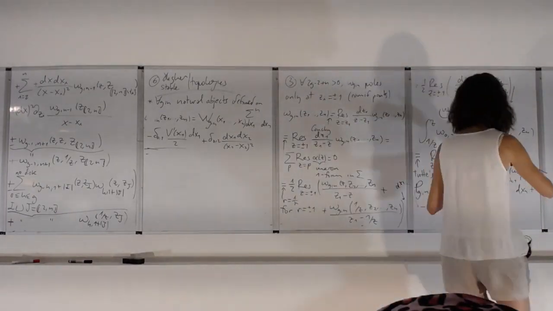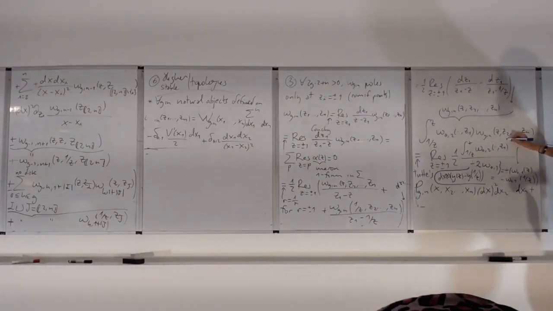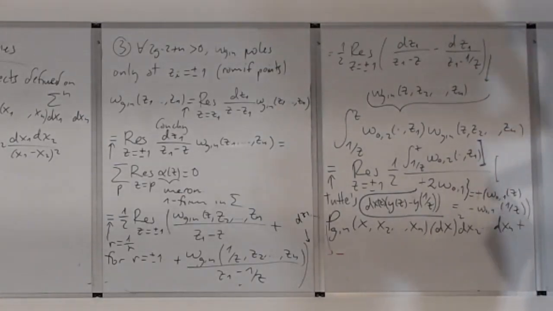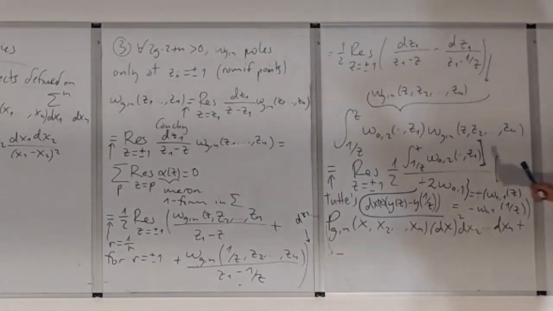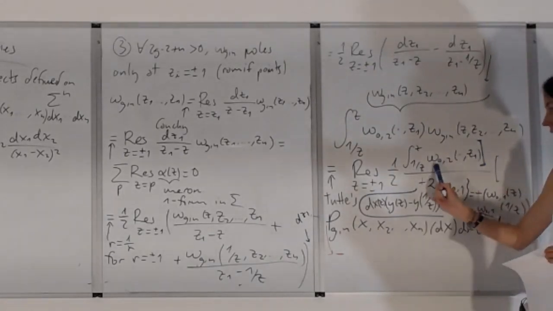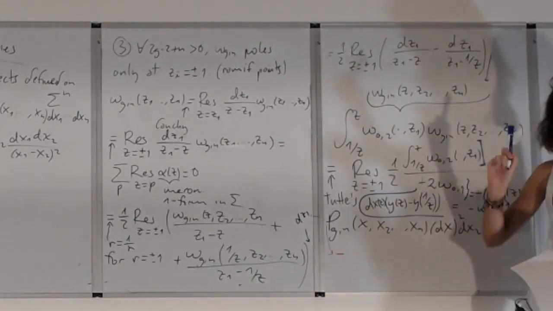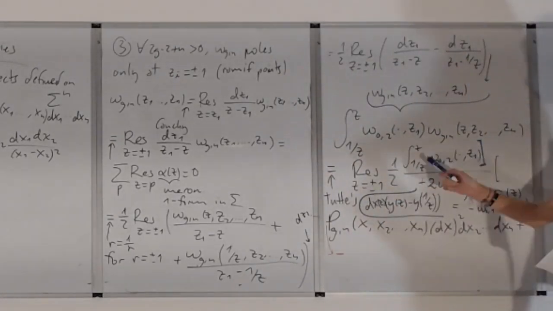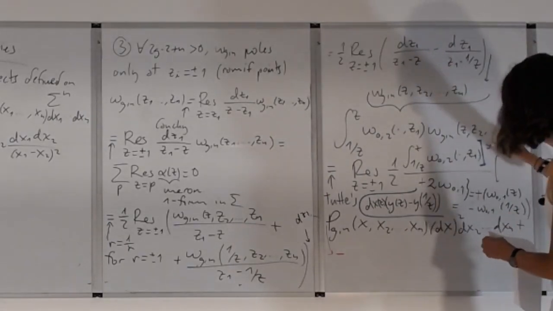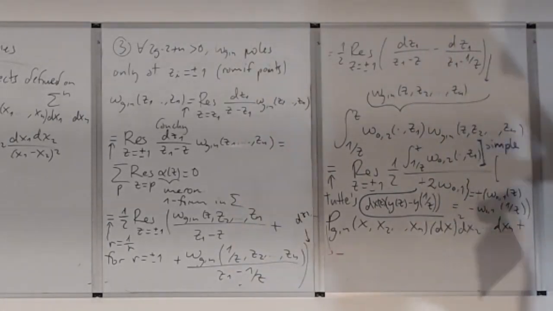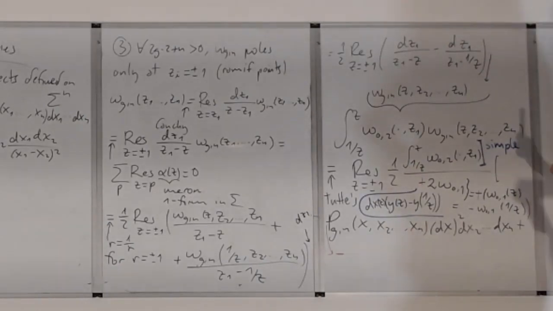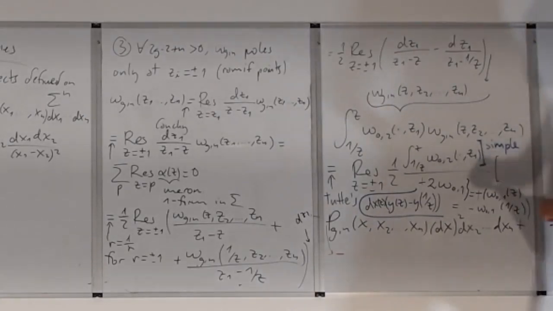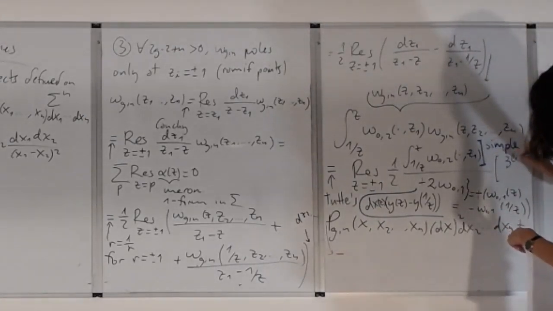So this guy has a simple pole at z equals the ramification points, because this guy has a double pole, and we take the integral. Oh, sorry, no, this is not what I'm saying. I'm saying that this guy has a simple zero, just because of this integral. This guy will be equal to this guy. So it's a simple zero.